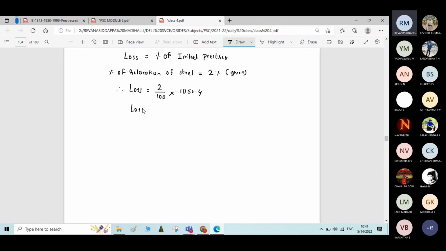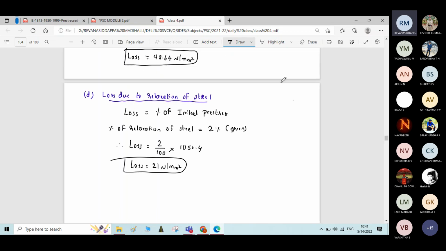It's a very simple calculation. 2 by 100 into 1050.4, if you calculate, you will get 21 Newton per mm square. Cross check the answer. 21 Newton per mm square. So the loss due to relaxation of steel is over.